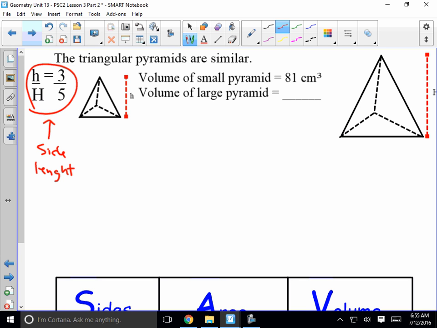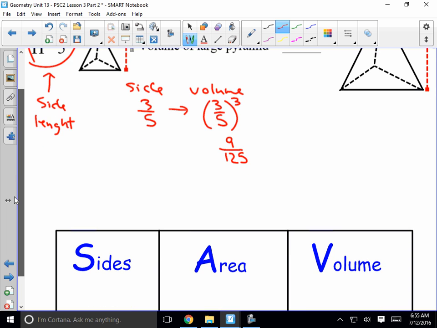So if I want to turn this ratio into something that I can use in 3 dimensions, I have to turn the side ratio of 3 to 5 into a volume ratio, which means I take the 3 to 5 and cube it. So now I've got 27 over 125. And now I've got a ratio that I can use to find the volume of the large pyramid.